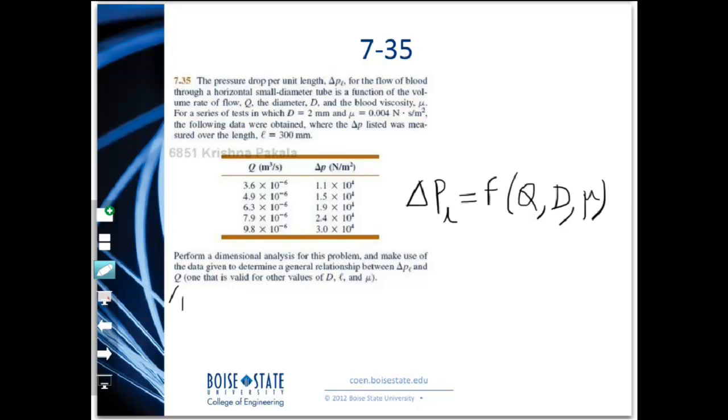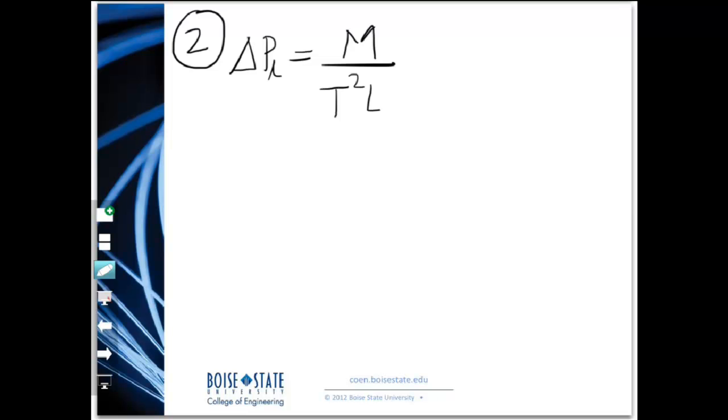Step one, you list and count all the variables in the problem, and remember you also need to include the dependent variable, in this case delta P over L. So K is 4. Then go to step 2, where we write each of those variables in terms of the primary dimensions, in this case the MLT system.